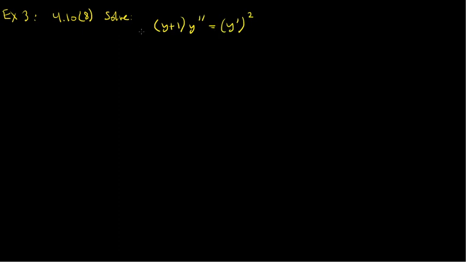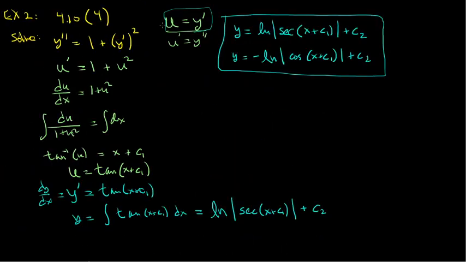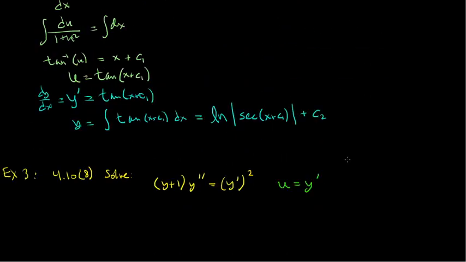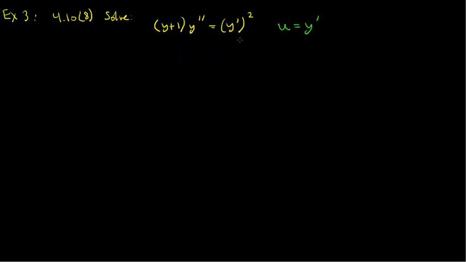Okay. So, in fact, the book gives you another hint here, to use the substitution u is equal to y prime, right? And so it's the same technique that we did in the previous example up here. However, notice that this is going to be a little trickier because we actually have y in the problem.